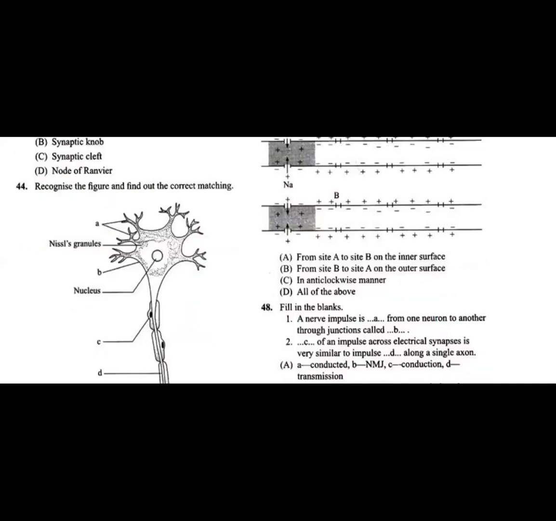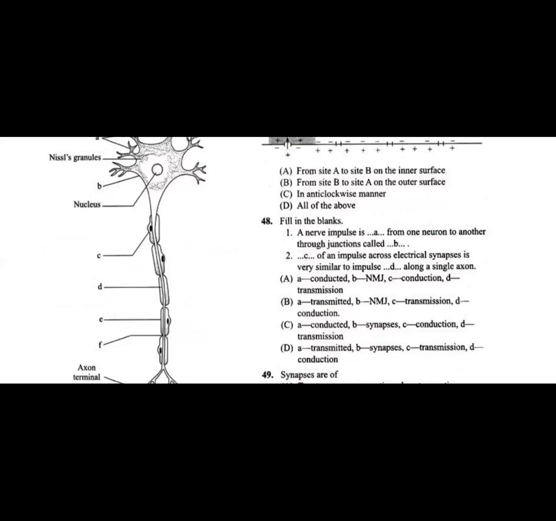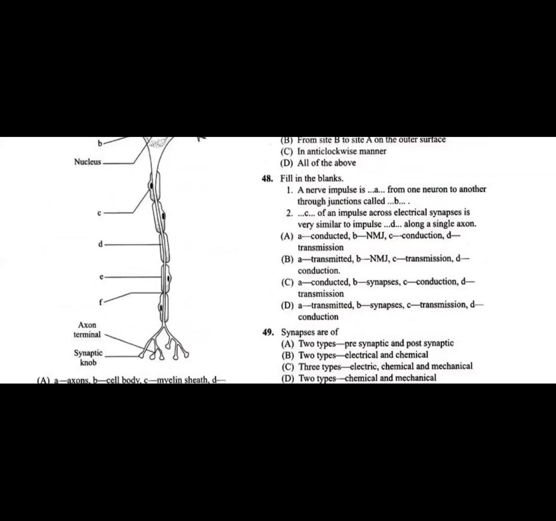Now question number 48. A neuro impulse is dash from one neuron to another neuron through a junction called. So a neuro impulse is transmitted from one neuron to another neuron. In between the neurons there is a gap, and that gap is called a synapse.